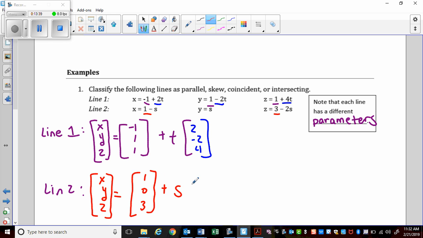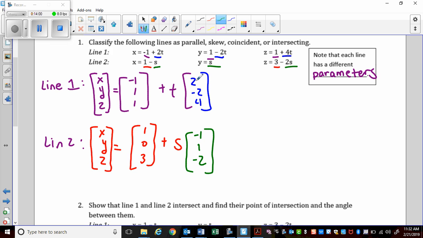Plus s this time times the direction, which looks like it is negative 1, 1, and negative 2. So negative 1, 1, negative 2. That's my direction.